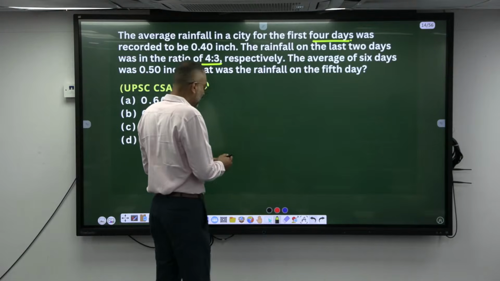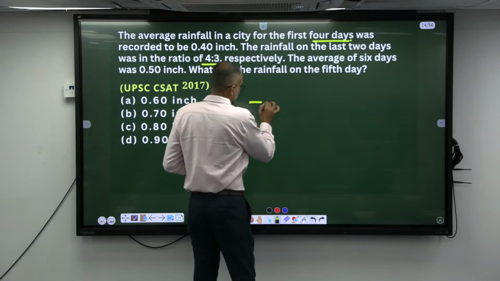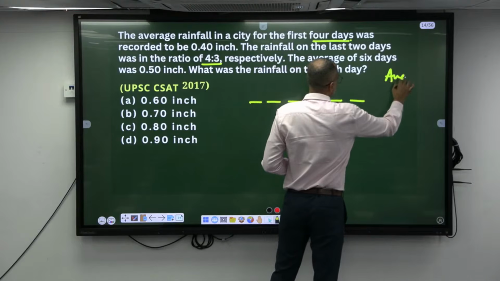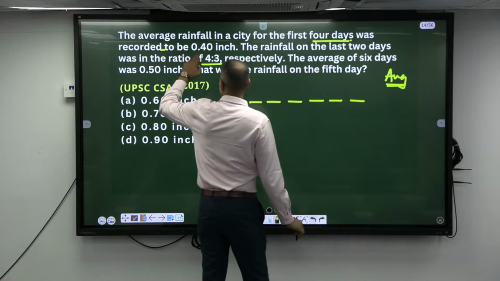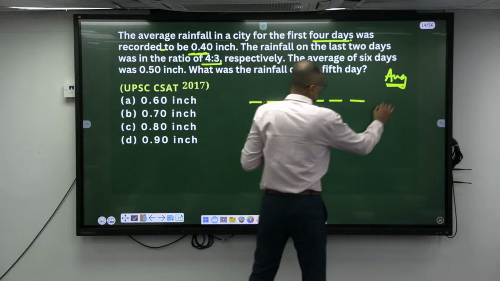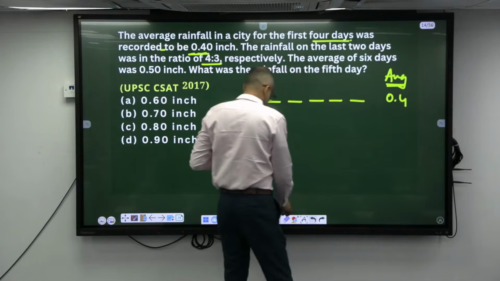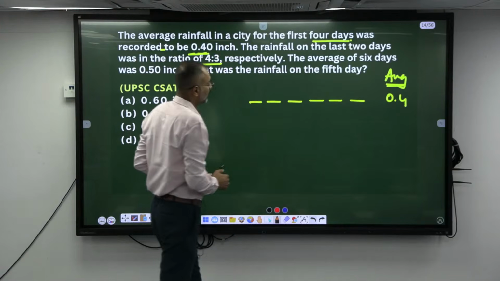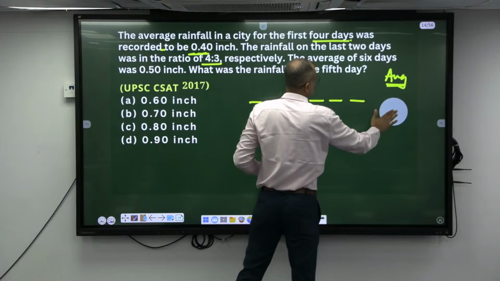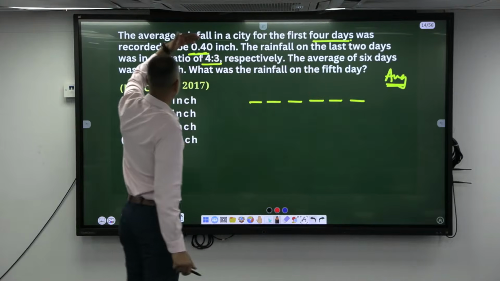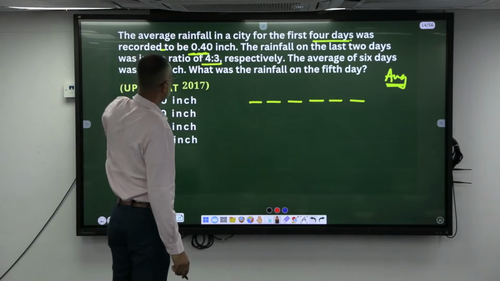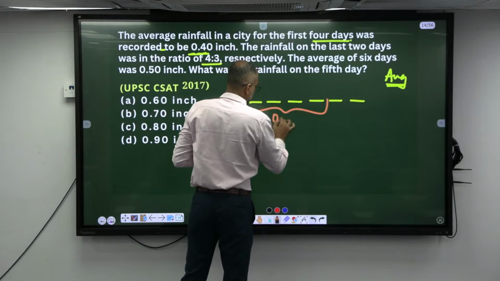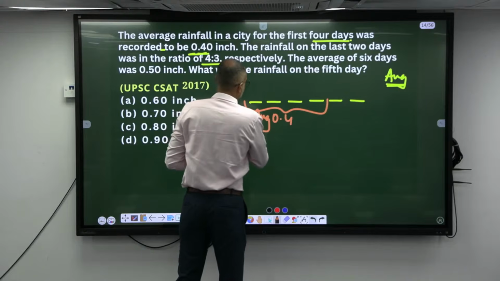So how many data? 6 days, 6 data. What is their average? Recorded to be 0.4. Now, if I take only the first 4 average. The average rainfall in a city for the first 4 days was recorded to be how much? 0.4 is the average.